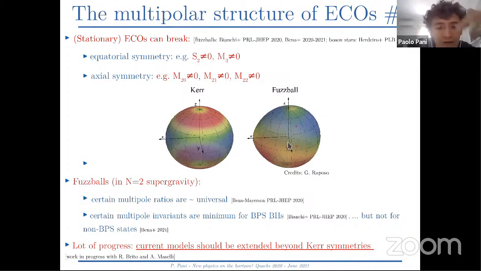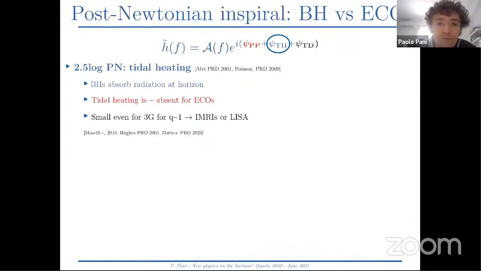There have been a lot of interesting results recently on this front for fuzzballs, essentially. And one important take-home message is that current waveform models do not include all these effects, and they should be extended beyond Kerr symmetry to be useful for phenomenology.